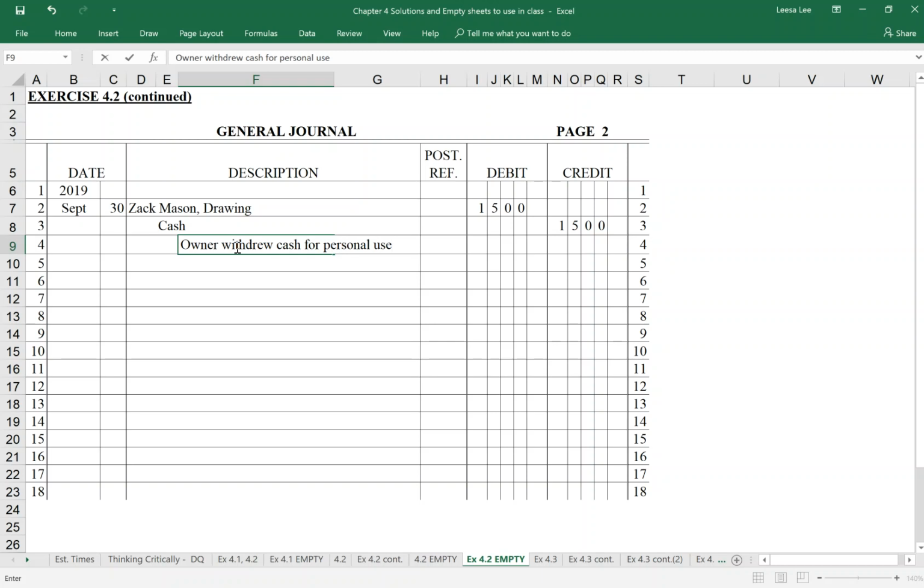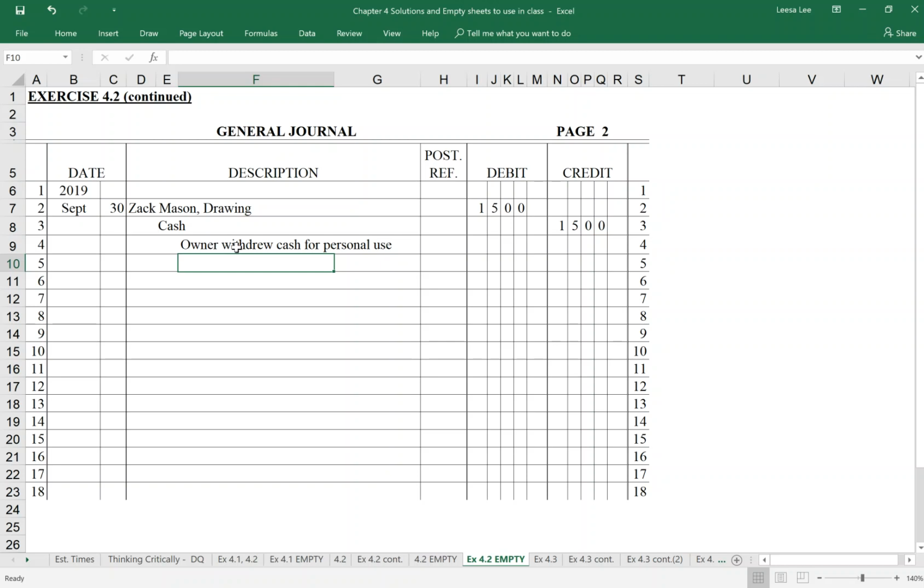So something to talk about here is, let's say that Zach has his own car and he has his own car payment. So it's not the car that he uses for his business to visit clients. He has a normal car payment on his personal vehicle. His business cannot write a check for his car payment.